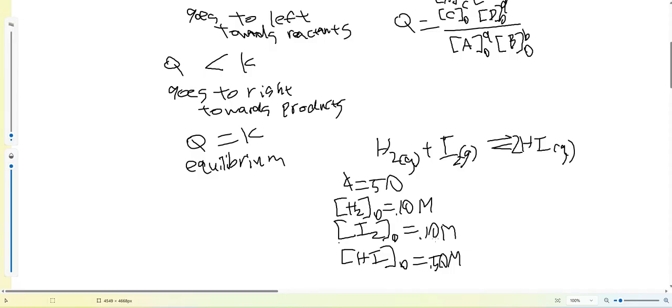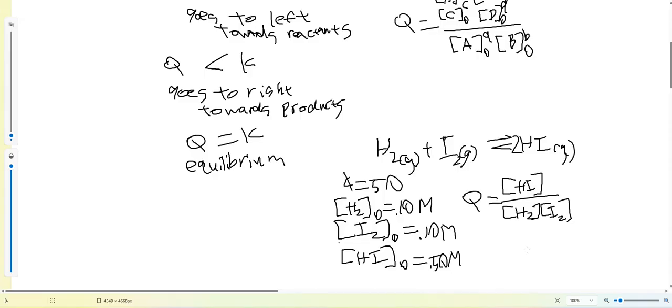Okay, so Q here, let's calculate Q. So what we have here is HI over H2 I2. Now I know that this says gas, right?